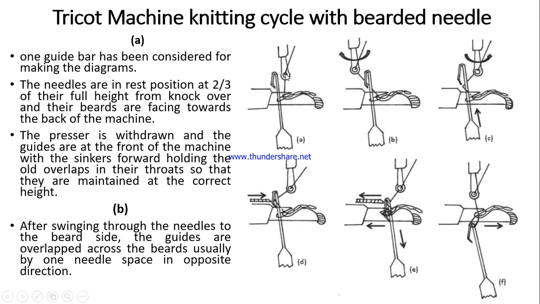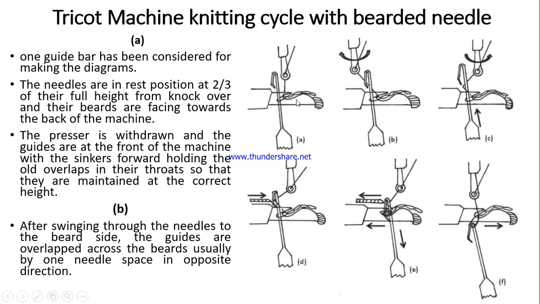The guide has a compound motion. Either it has a swinging motion from front to back or back to front, or a shogging motion from left to right or right to left. Now at this moment the guide bar is at the front of the machine, with the sinkers forward holding the old overlap in their throats so that they are maintained at the correct height.